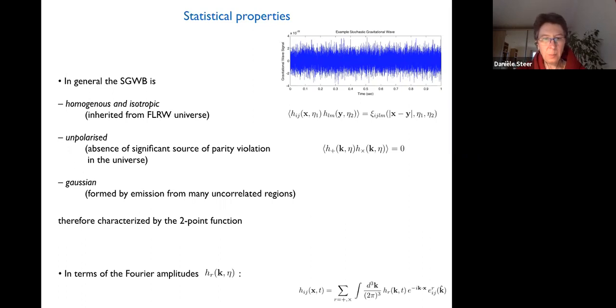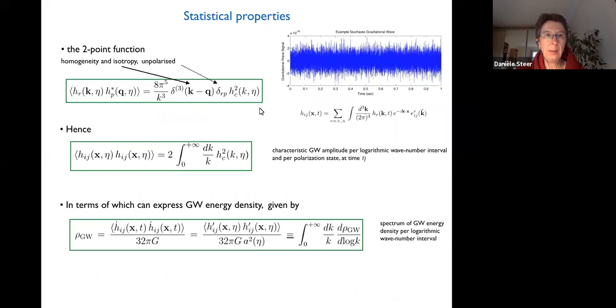So let's try and rewrite these conditions in terms of the Fourier amplitudes, h_R, which we already defined, they're down here. So in Fourier space rather than in position space. So the 2-point function of the Fourier components is given here. So there's h_R, so I remind you is either plus or cross at a wave vector k and conformal time eta, and its complex conjugate at wave vector q.